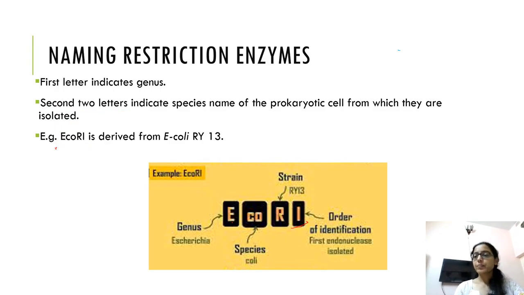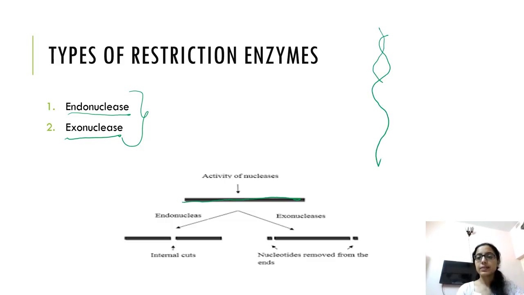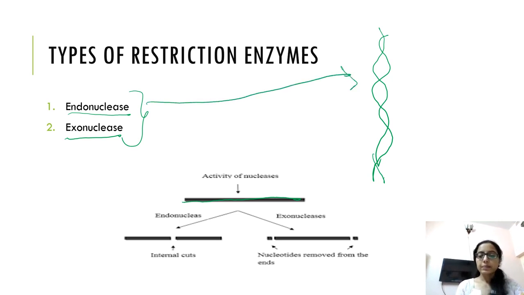Coming to the next part, what are the two kinds of restriction enzymes? We have just discussed restriction endonuclease. And what is restriction exonuclease? Suppose this is the DNA molecule, right? When this enzyme cuts at a particular sequence, from here to here, inside the piece of DNA, that is called restriction endonuclease.